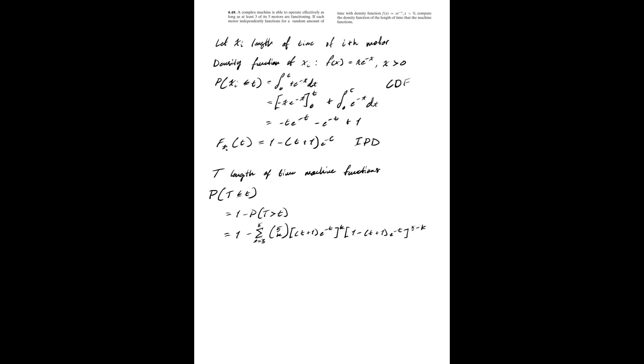Because if you're taking the individual mass function from f, it's really just going to be a summation, given at least 3 of the 5 motors, so that's with x equals 3 to 5. Yeah, I'm trying to understand the question itself.